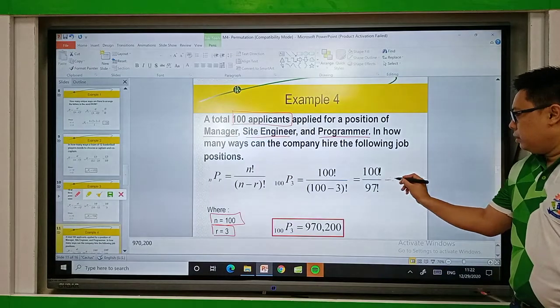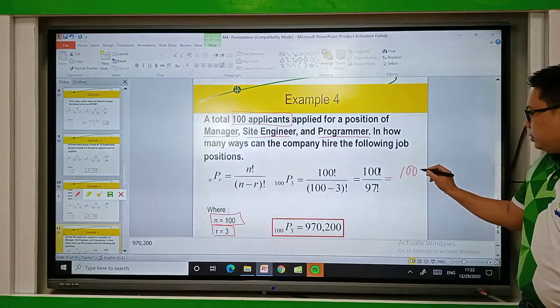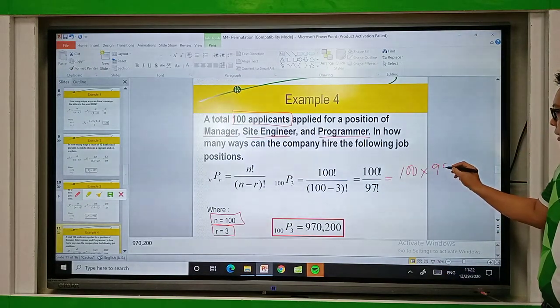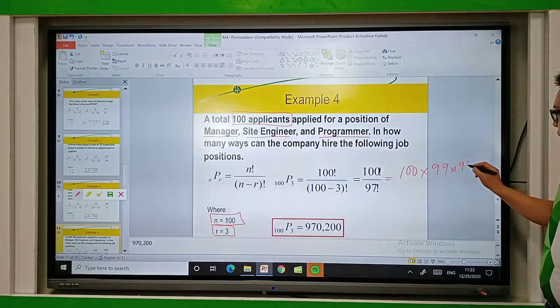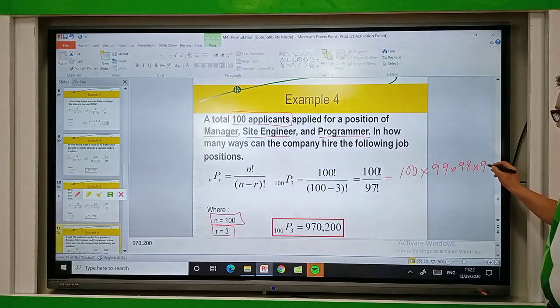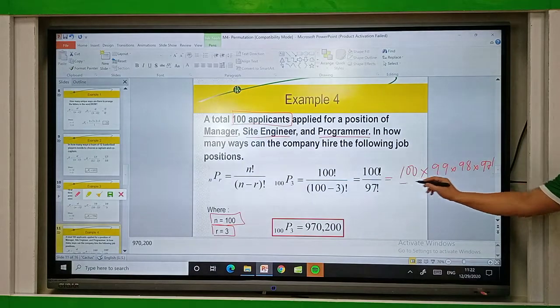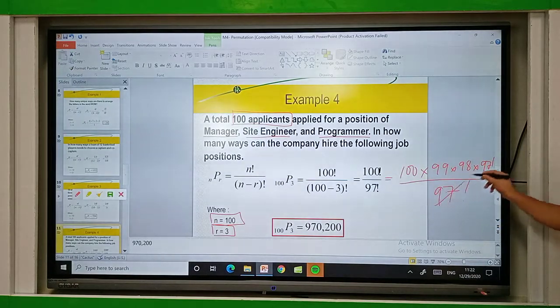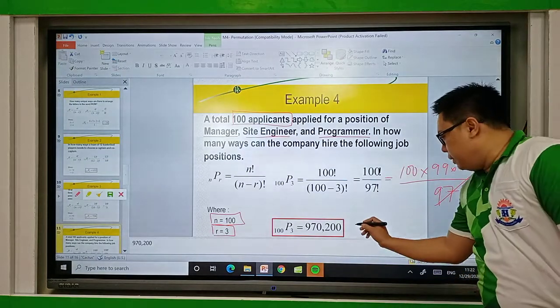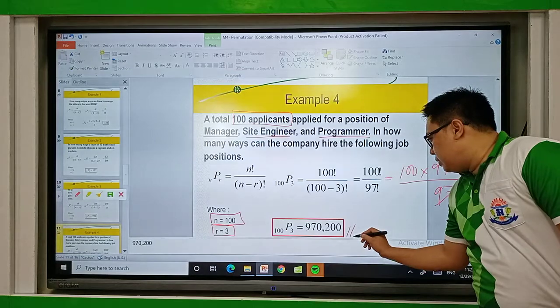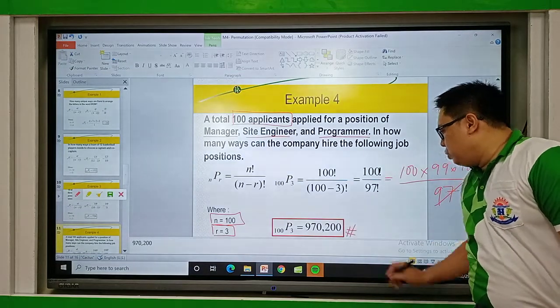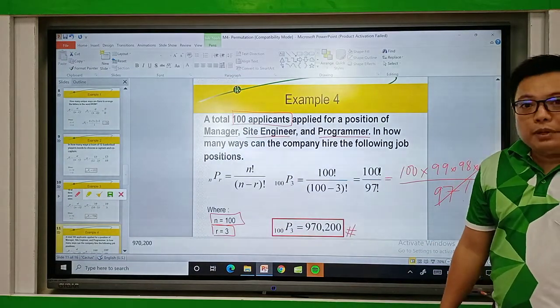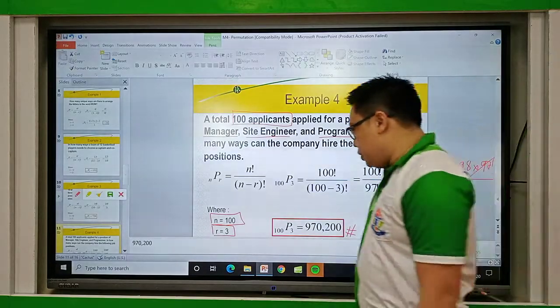This is just 100 times 99 times 98 times 97 factorial divided by 97 factorial. So just 100 times 99 times 98, which gives us 970,200 possible permutations or arrangements.